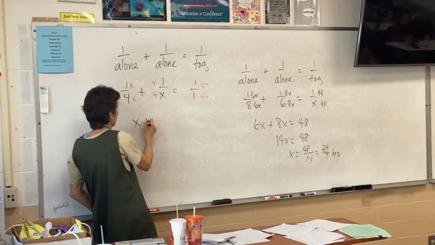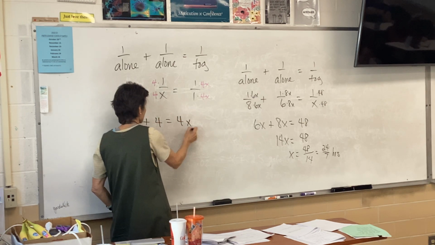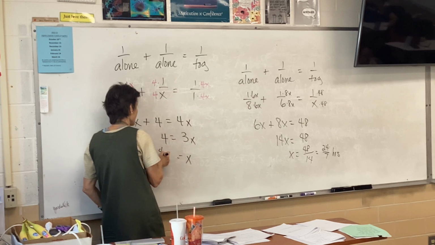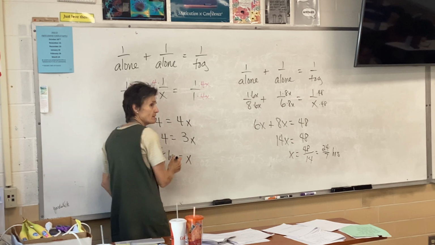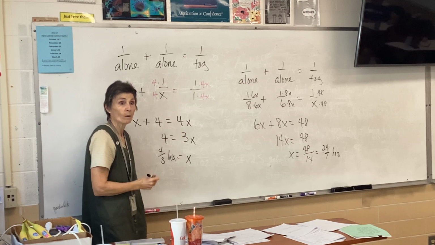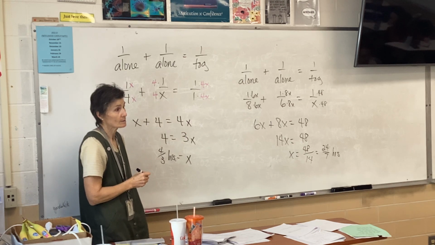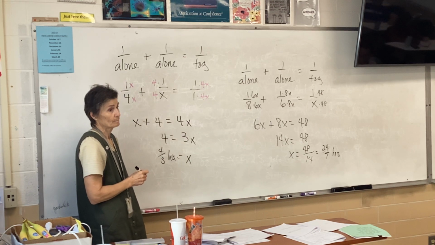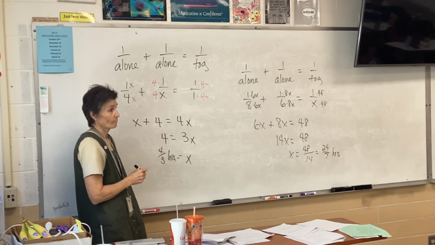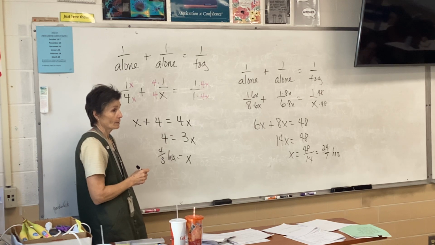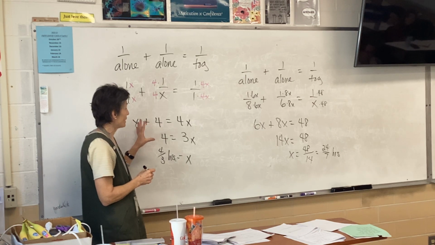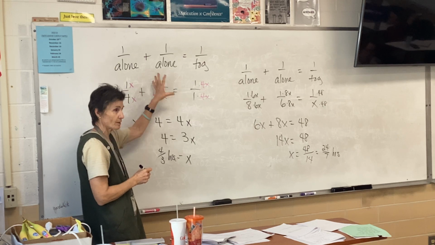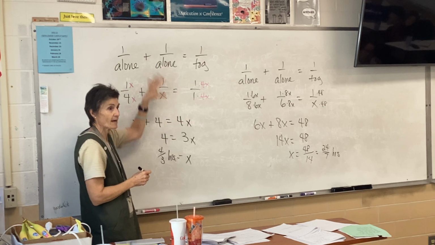So x plus 4 equals 4x. Anybody get 4/3 hours as your answer? 1 1/3 or 4/3 hours? I know these are the first of these you've done, but usually they're pretty easy. Are you kind of getting a grasp of that?